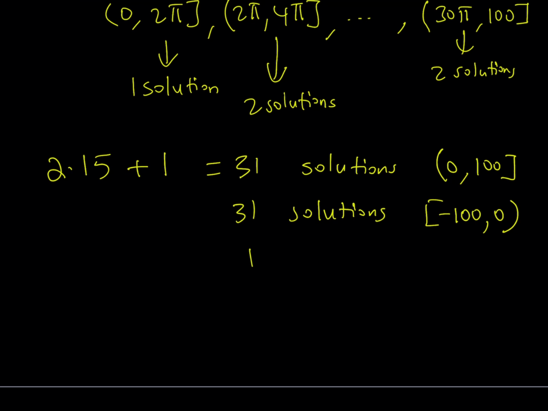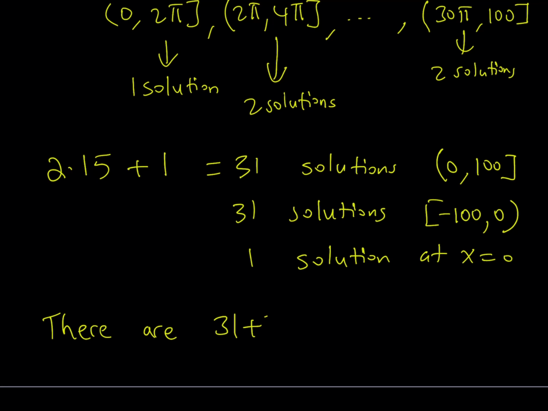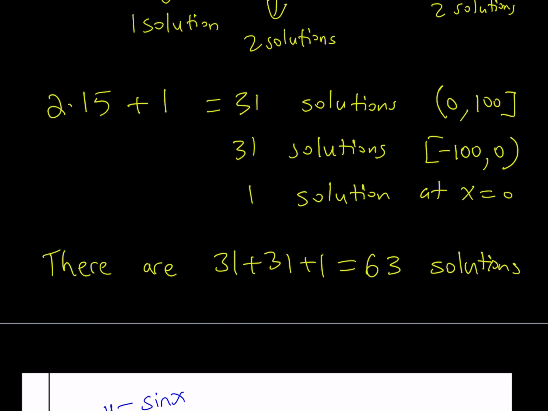So we get one solution at x equals 0, and that gives us the total number of solutions. There are 31 plus 31 plus 1, which is equal to 63 solutions to the equation sine x equals x over 100.